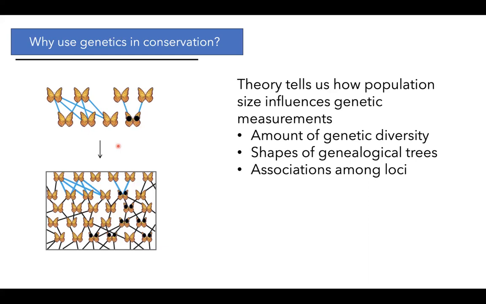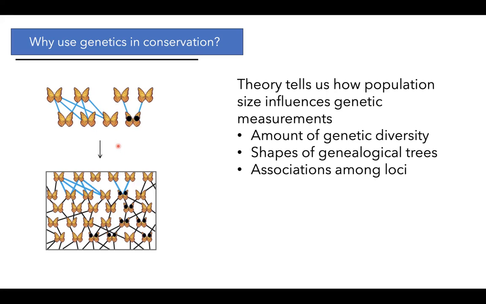And it tells us that basically, if you have a small population, you're going to have a low amount of genetic diversity. If you have a large population, then you have more alleles present, and you have the capacity to support more genetic diversity, right? And so theory, again, can tell us how population size is influencing these genetic measurements.